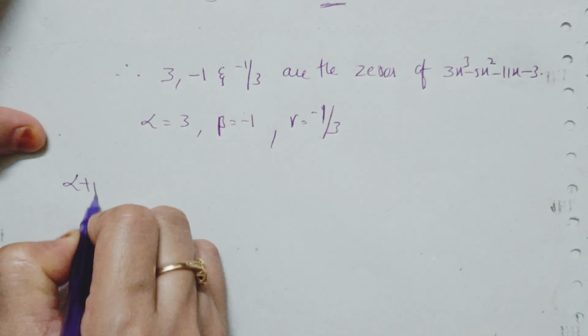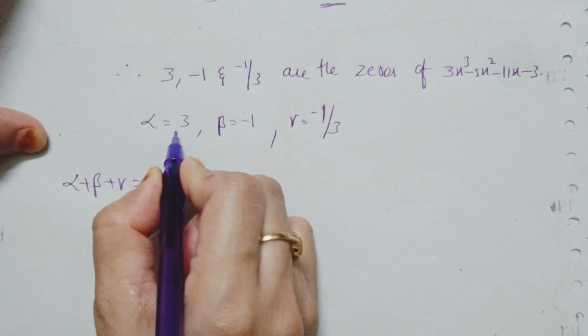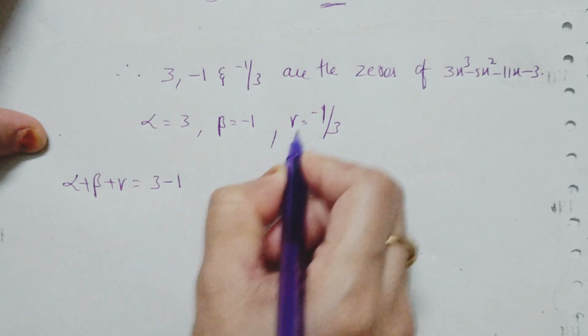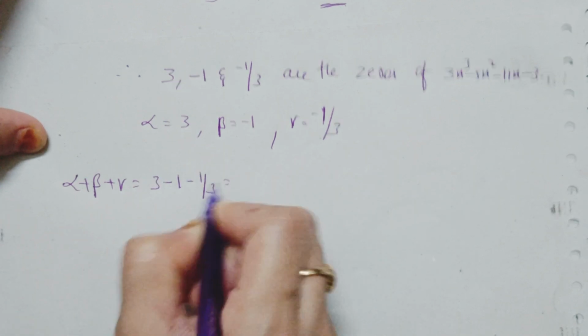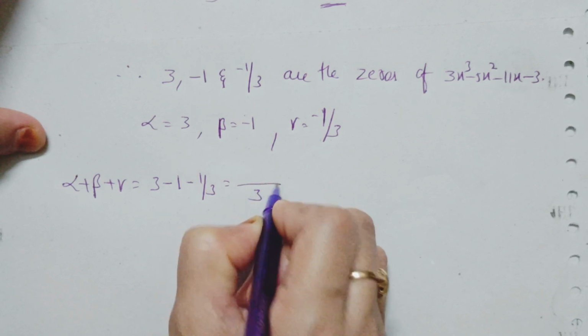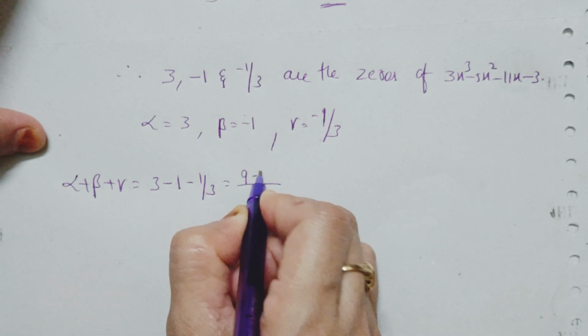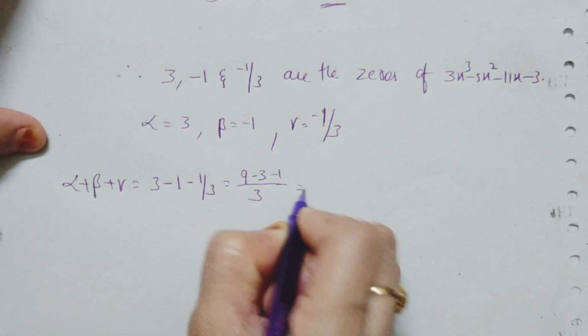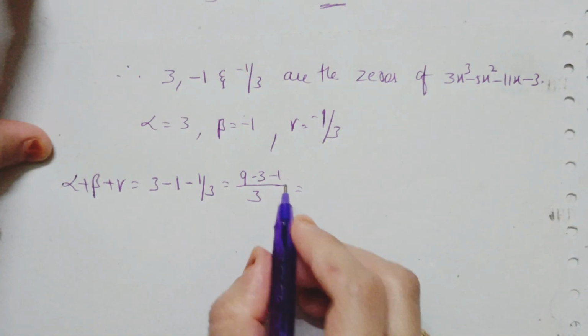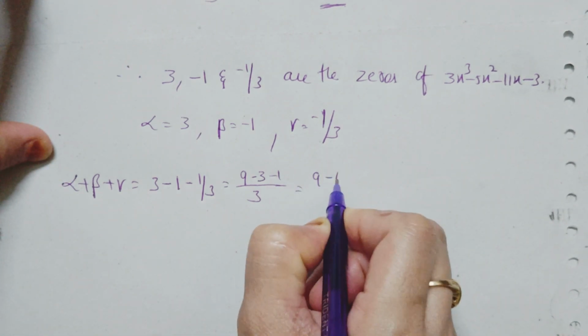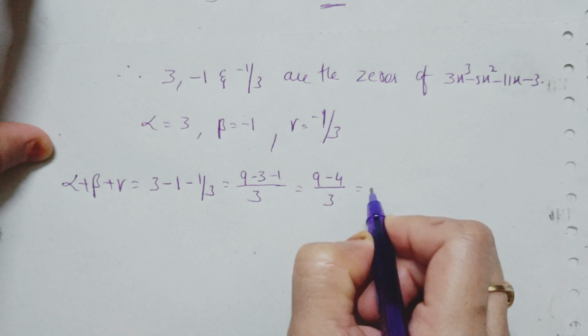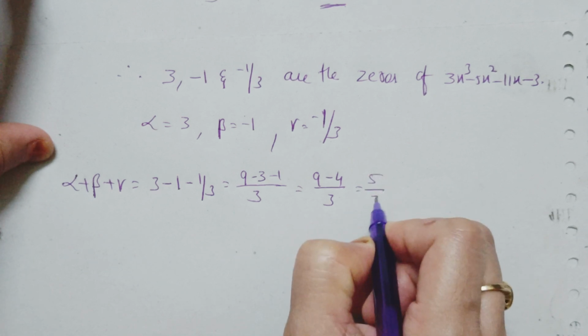So alpha plus beta plus gamma equal to 3 minus 1 minus 1 by 3. So here 3 is the LCM, then 3 threes are 9 minus 3 minus 1. Okay, so 9 minus 4 by 3 means 5 by 3.